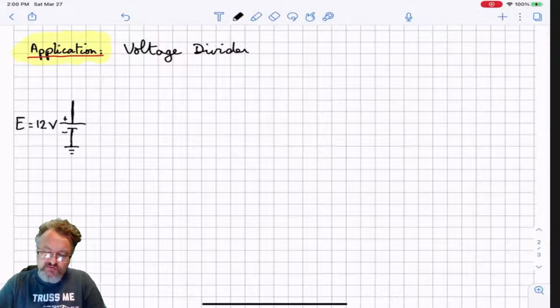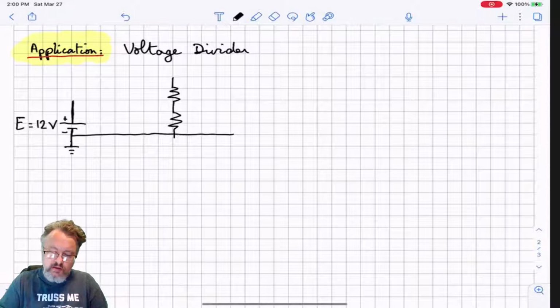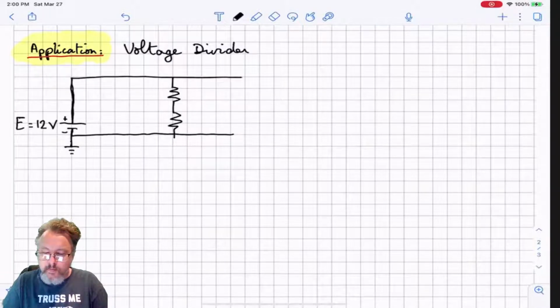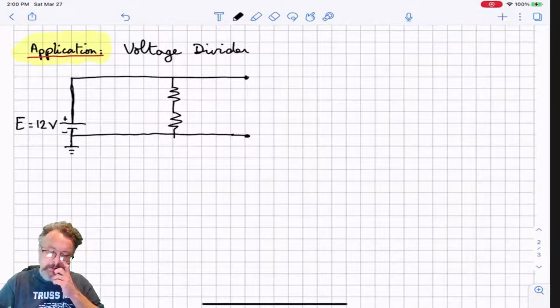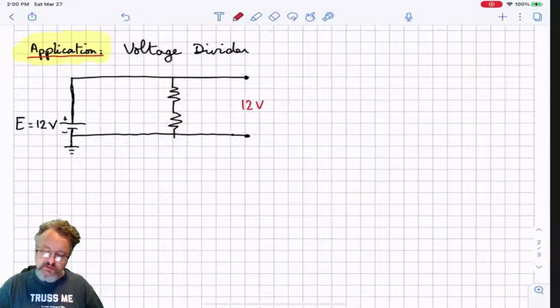How do we do it? It's very simple. You're just going to do it with two resistors in series like that. Between this point and this point right here, we're still going to have our 12 volts.